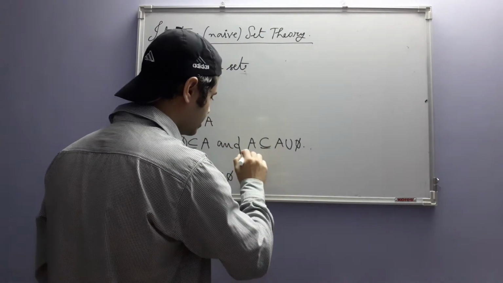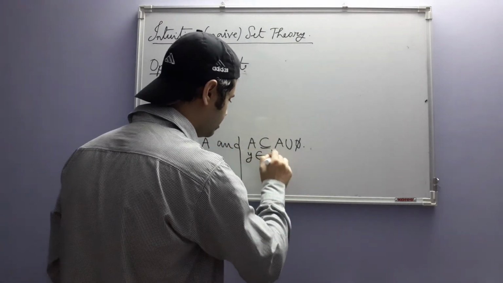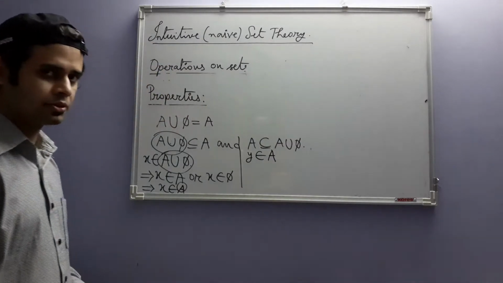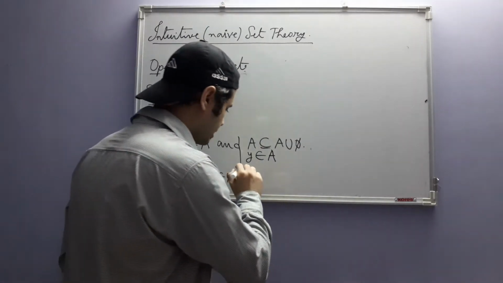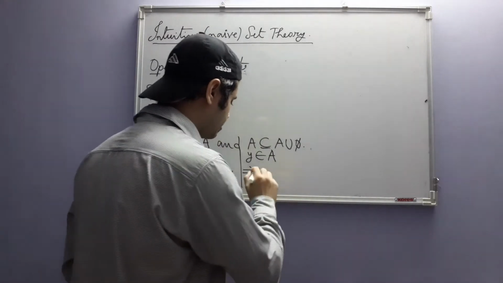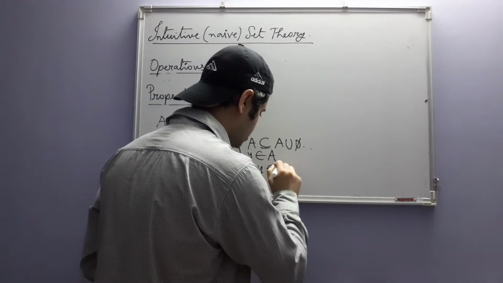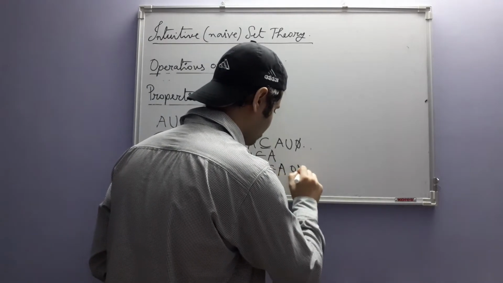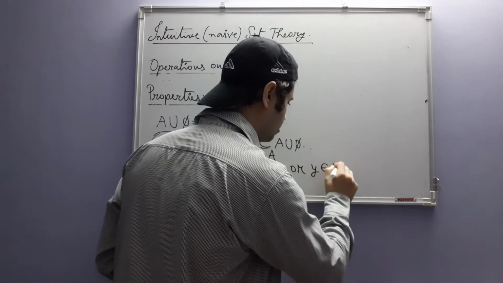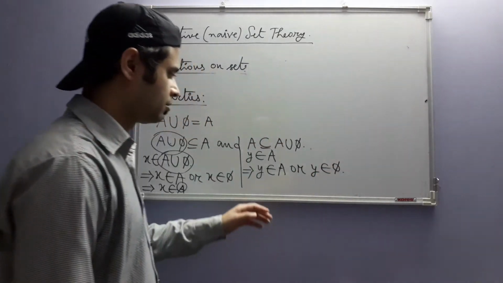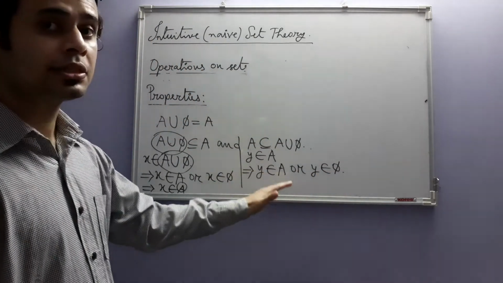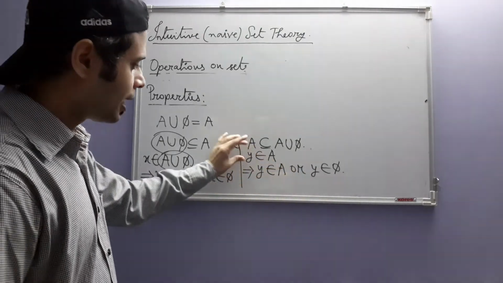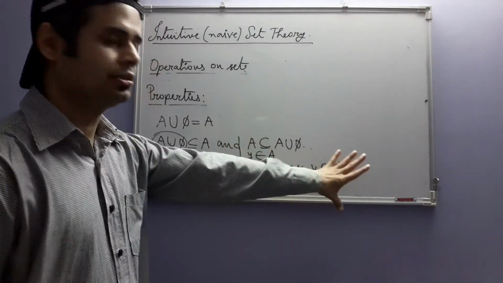Or conversely, if we take an element in A, okay, then this implies, if I write something like this, y belongs to A or y belongs to the empty set. What is the justification for this? How is it that this implies this?